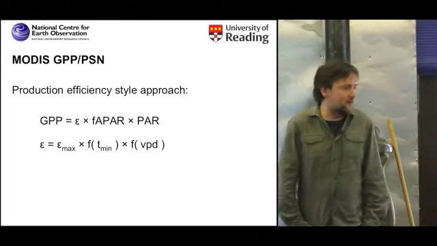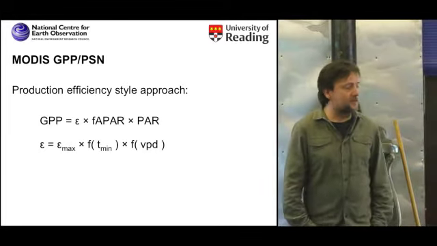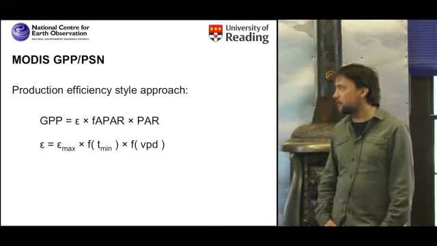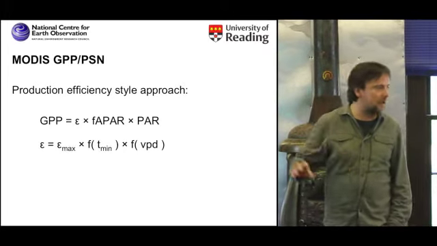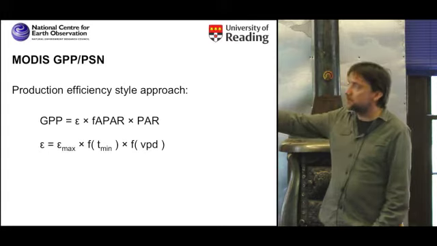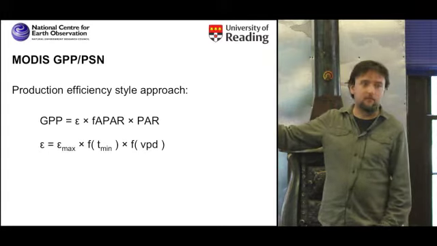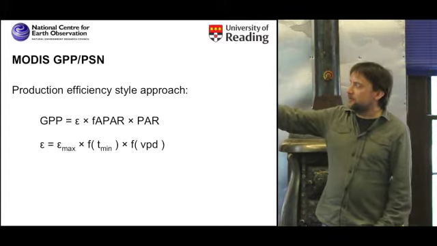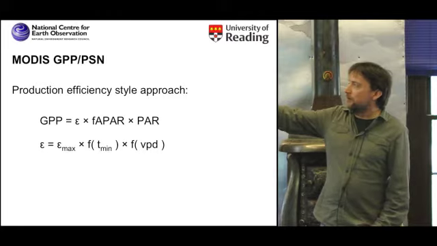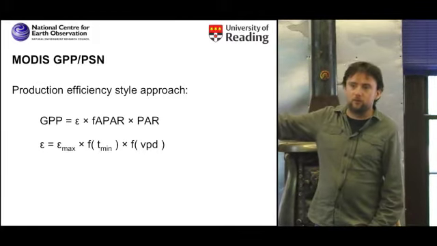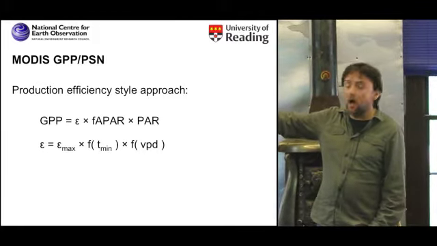The photosynthesis model, and Dave alluded to this in his talk, I'll show you the full schematic in a moment, but it's basically this. Photosynthesis is equal to FA-PAR, the fraction of absorbed PAR, times PAR.